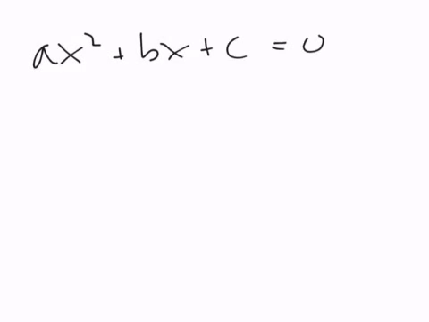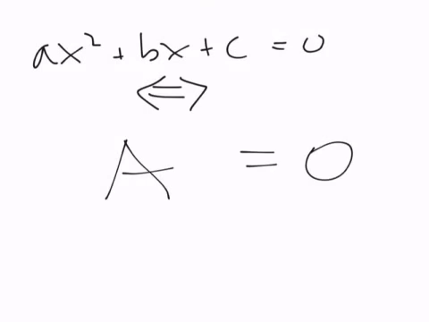So, given the equation ax squared plus bx plus c equals 0, if we want to find the roots, I can say this is equivalent to anything really. This is equivalent to A equals 0, where A equals ax squared plus bx plus c.